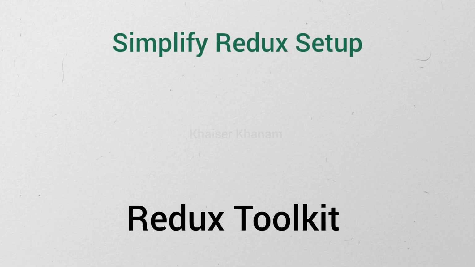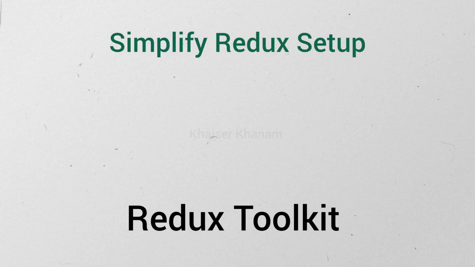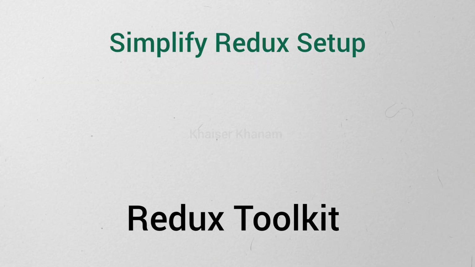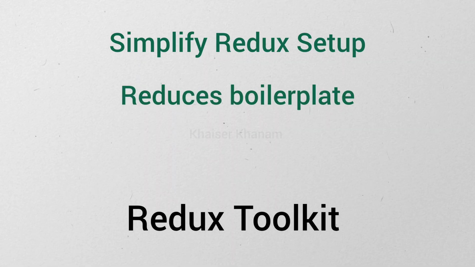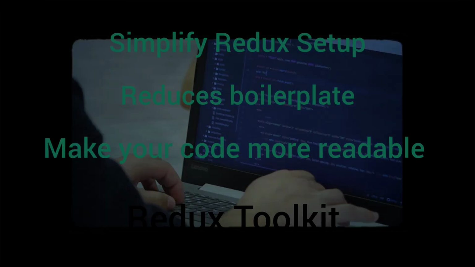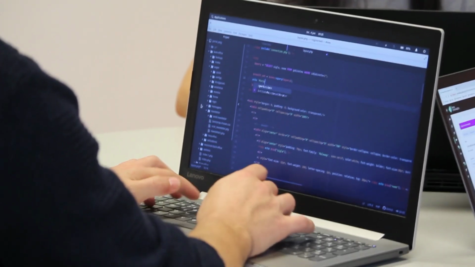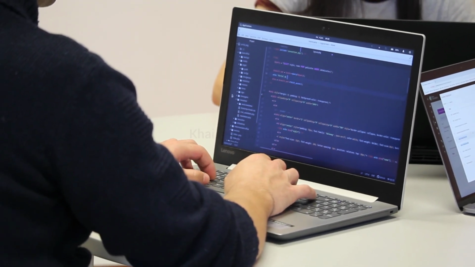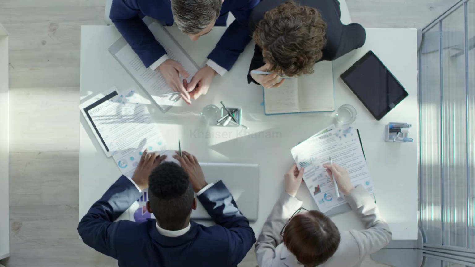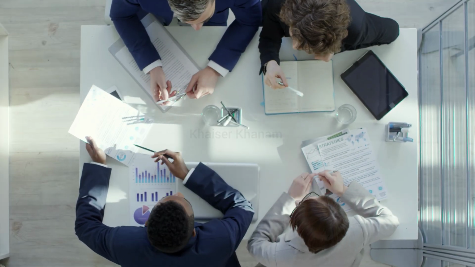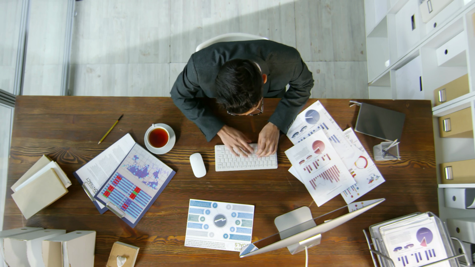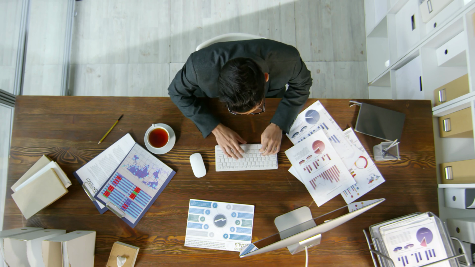Redux Toolkit will simplify Redux setup with createSlice and configureStore methods, which reduces boilerplate and makes your code more readable. So these are some of the common mistakes which many developers make, but by addressing these common mistakes, you can easily develop a solid understanding of Redux and write cleaner and more efficient code.